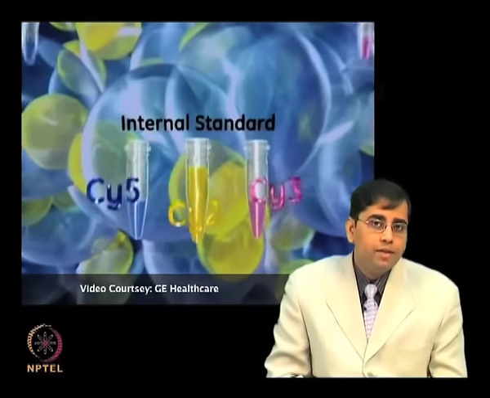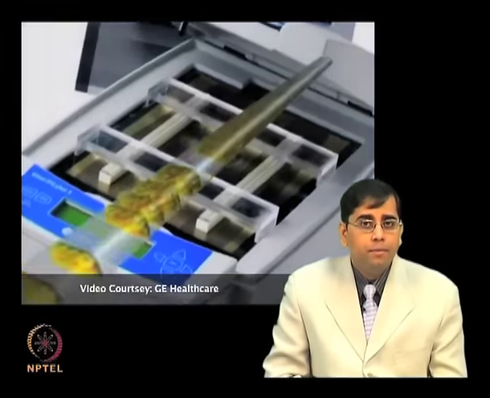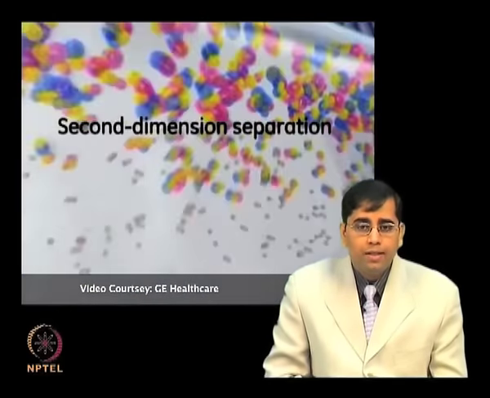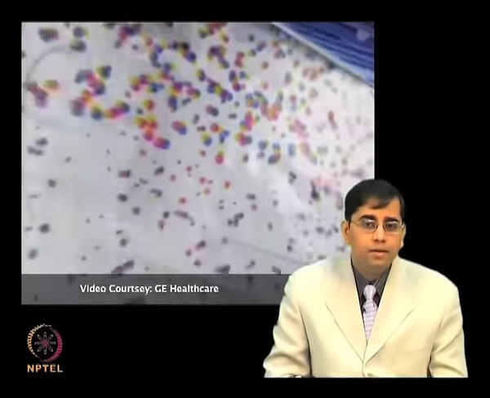In DIGE, proteins extracted from different types of cells or tissue samples are labeled with different fluorescent reagents such as Cy2, Cy3 and Cy5, mixed and then separated by two-dimensional electrophoresis on a single gel.